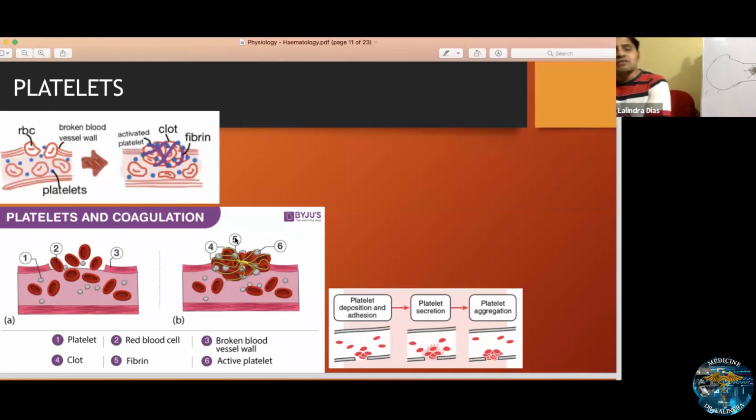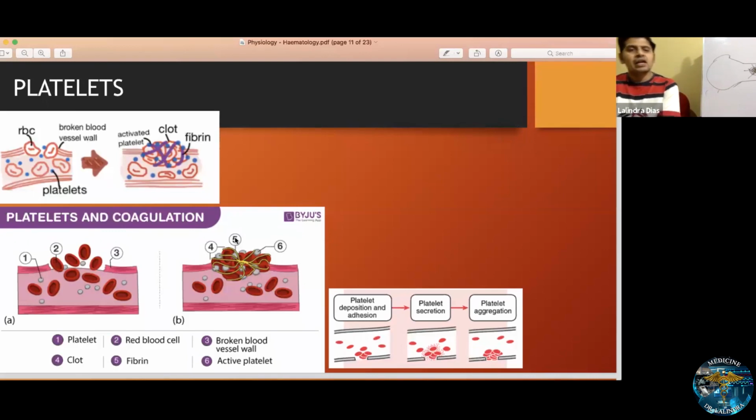That's why they release their granules, causing damage to these foreign organisms. That is the immune function of the eosinophil. Then even basophils, they also have an immune surveillance action. All right. So that is what's happening in the white cell series.